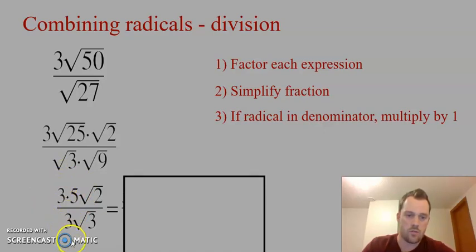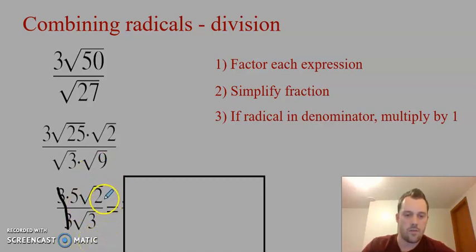We factor out or cancel these 3's here, and we end up with just a 5 as a coefficient in the numerator, and then it's just 1 as our coefficient in the denominator. So let me just actually draw a line through, right? So those are gone. And root 2 over root 3, we can't factor or simplify this at all.